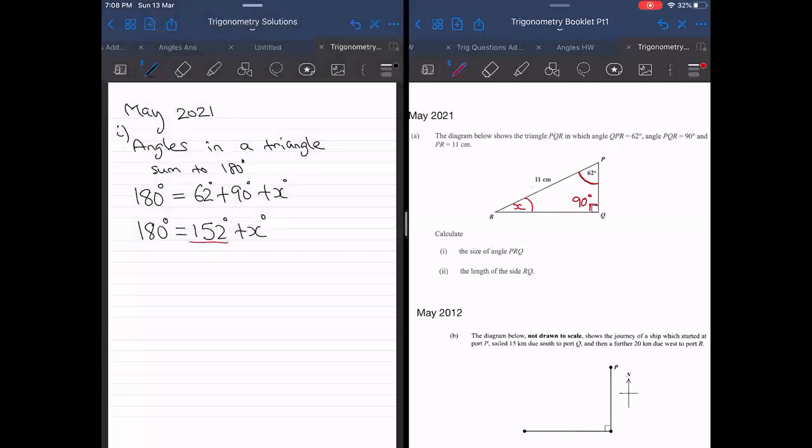So 152 is added, and when we take it across, we subtract. So it should be 28. All right, so angle PRQ is equal to 28.